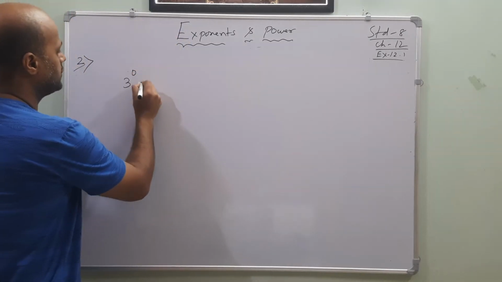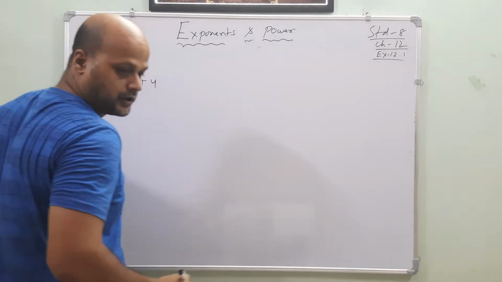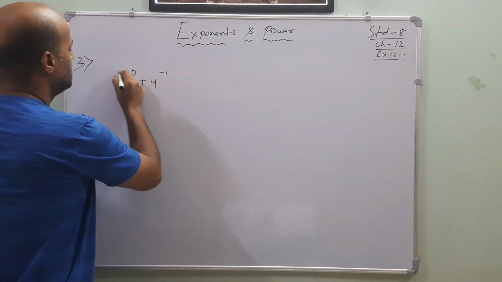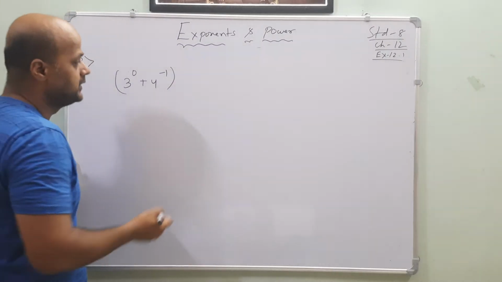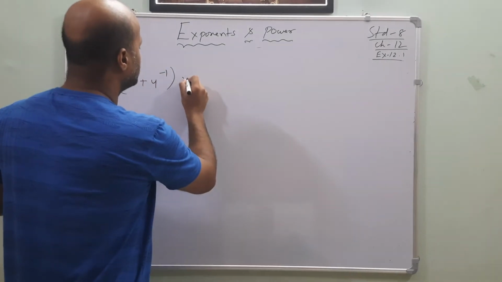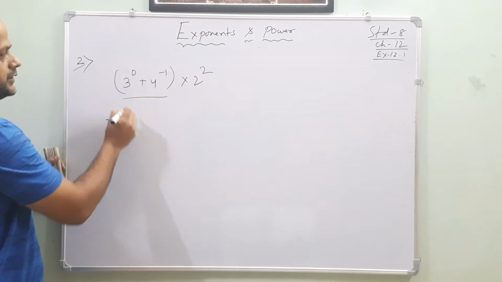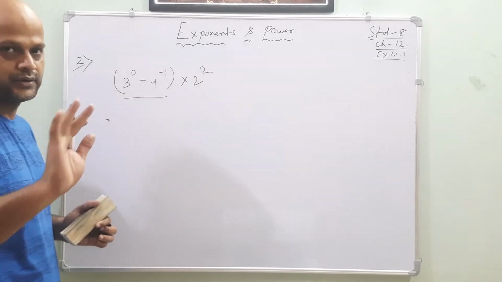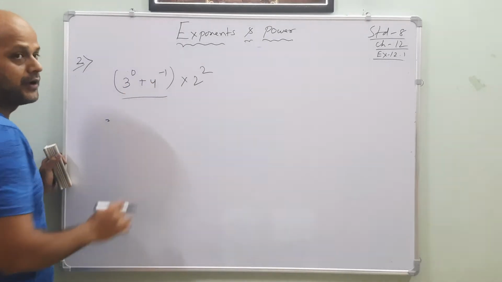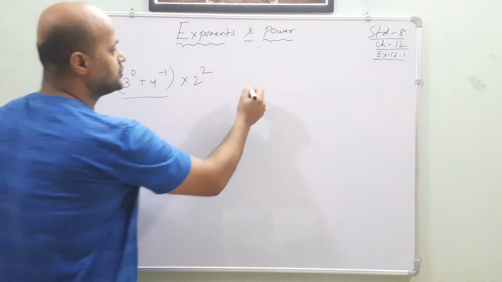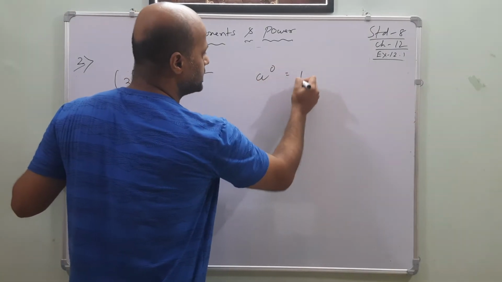3 power of 0 plus 4 power of minus 1, bracket close, into 2 to the power of 2. So, one by one, inside the bracket, first solve it. Is any formula coming here? No. 3 to the power of 0 means anything power of 0 is 1.